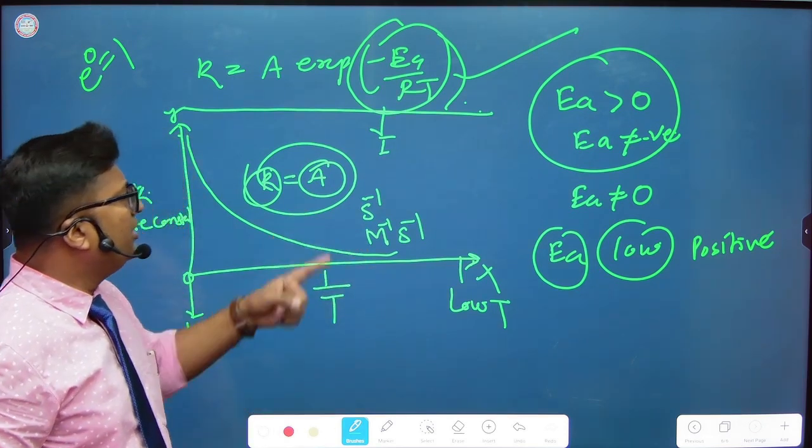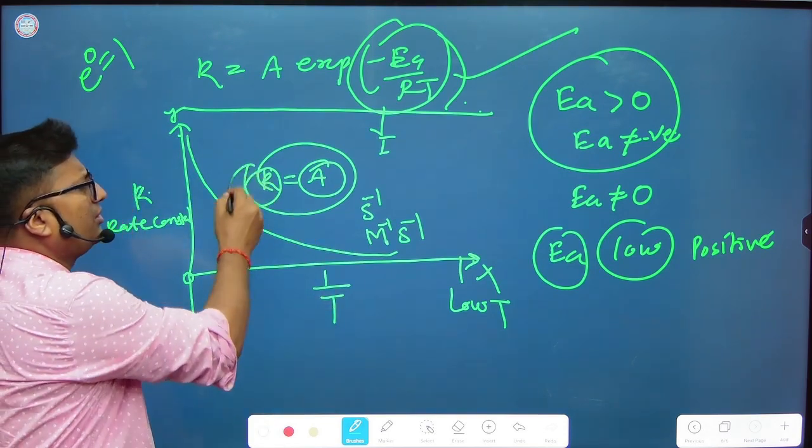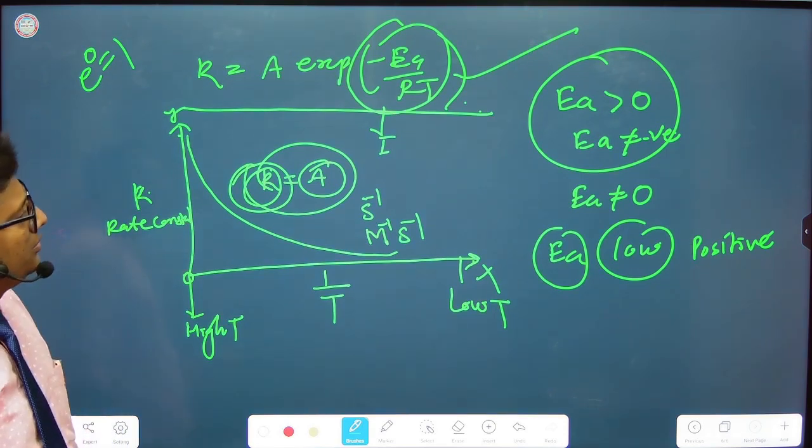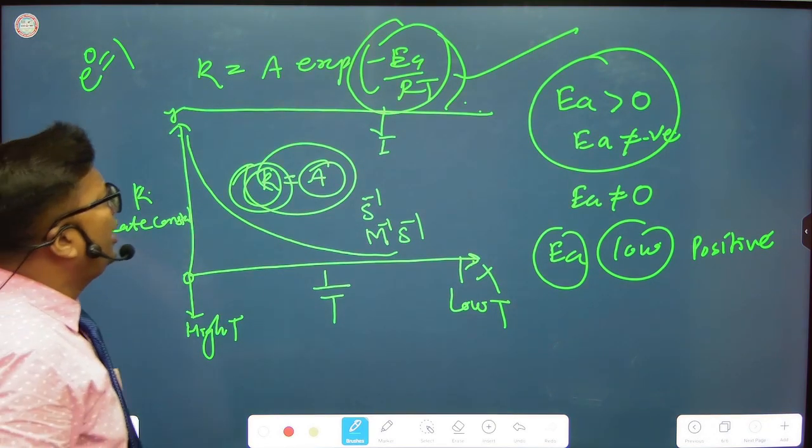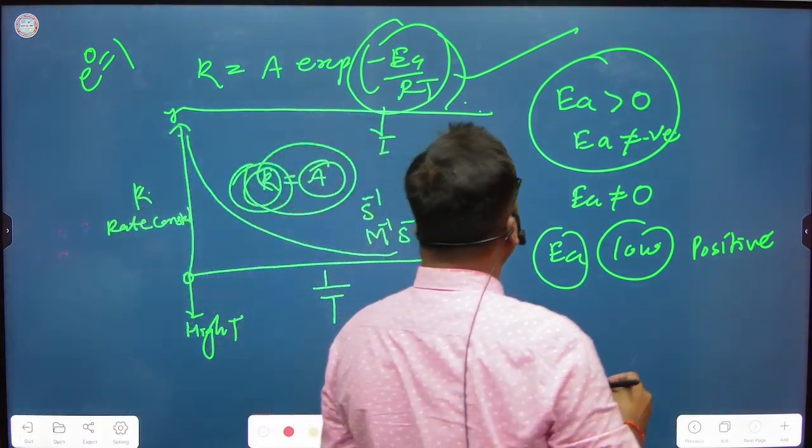So it depends on the type of reaction. This is the explanation of the Arrhenius equation.